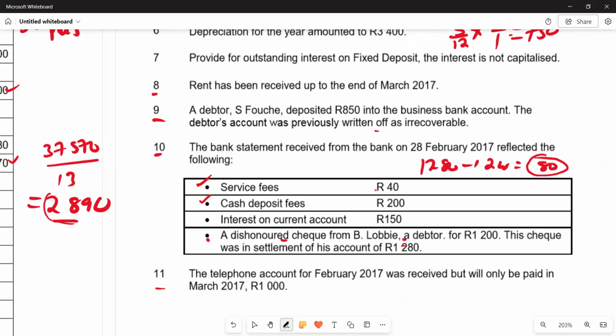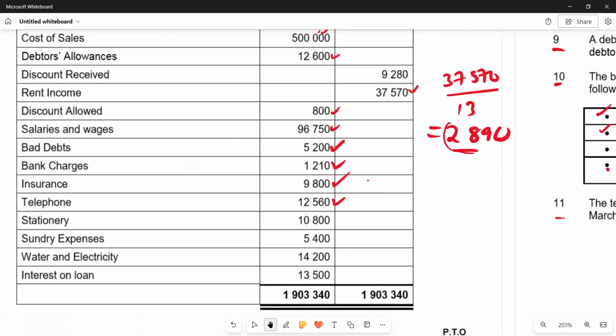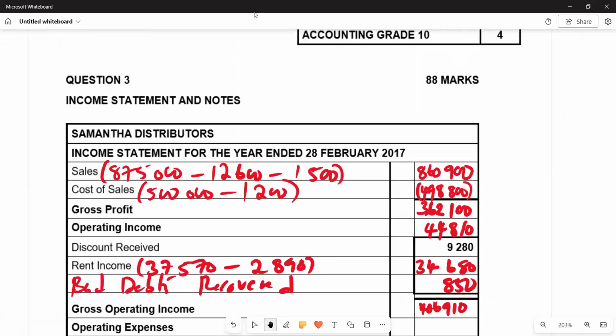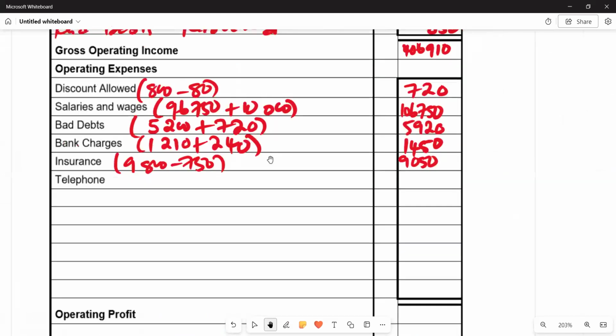So it's an owing. And we know that in accrual or owing, we add according to the matching principle or accruals principle. So we add there the 1,000 to the figure that we have for telephone. And the figure that we have for telephone is 12,560. Then we add our 1,000. Then we just go there and try to adjust as such. So for telephone, we are saying 12,560.